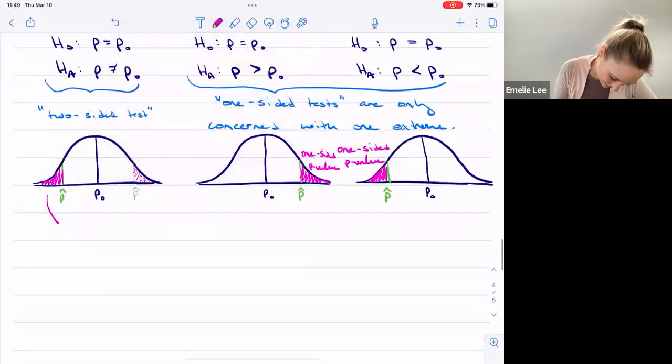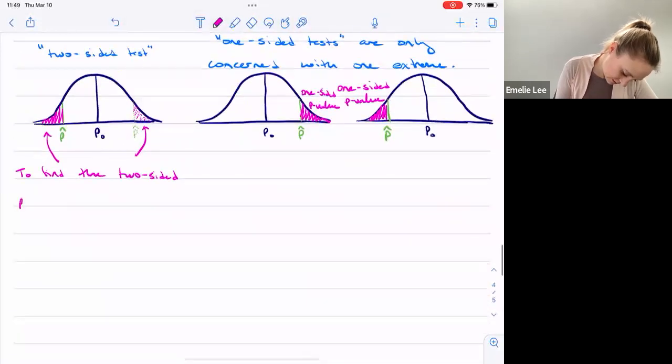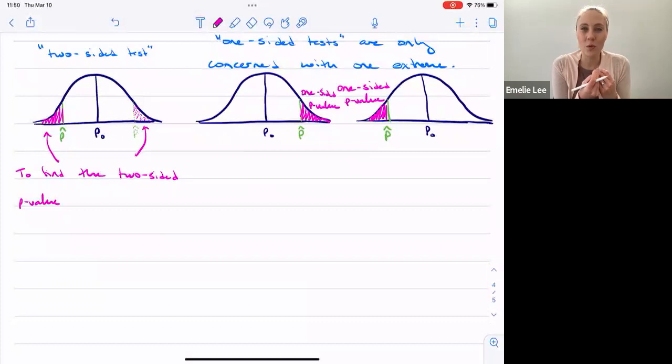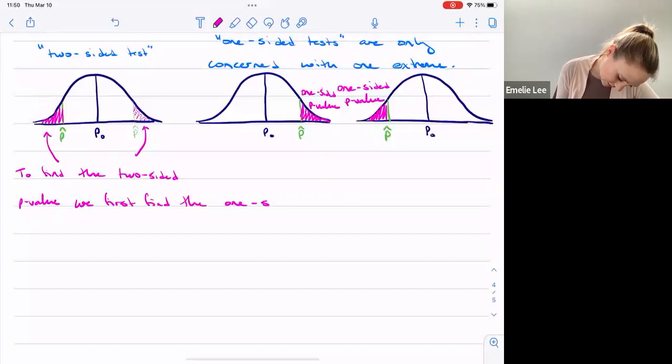So here, to find the two-sided p-value, we first find the one-sided p-value and then multiply it by 2.